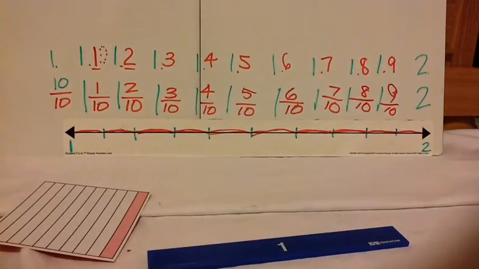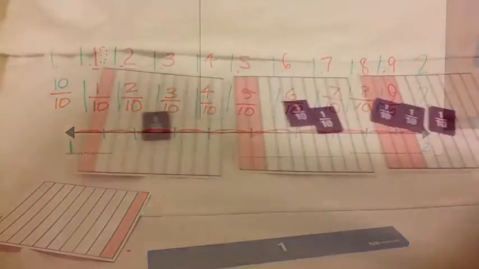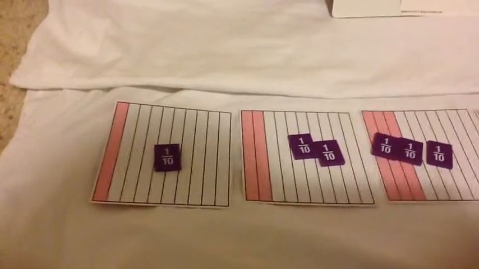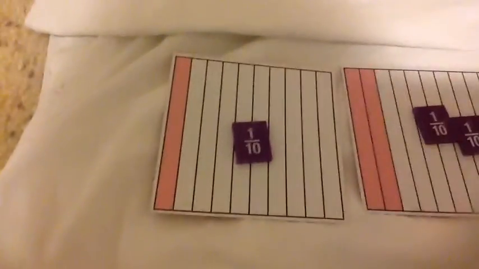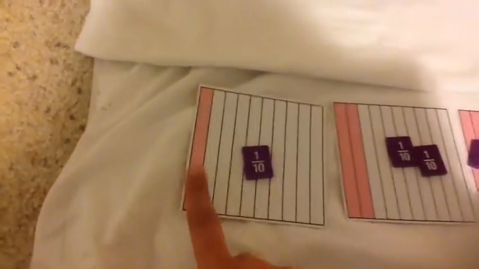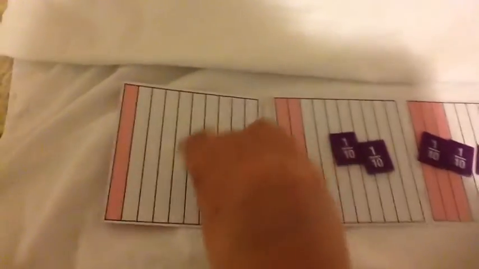So now I'm going to move on to hundredths. Okay, so real quick before I move on to hundredths, I just wanted to show you the visual model with the fraction piece. So this is 1 out of 10 pieces. So this is 1/10, and then the fraction is also called 1/10. See that?